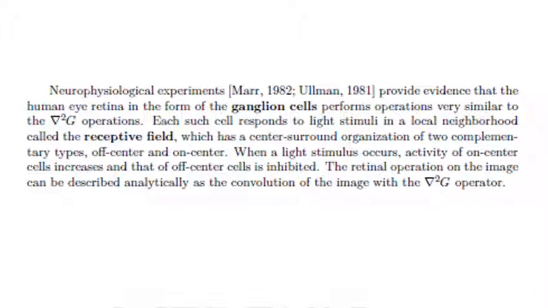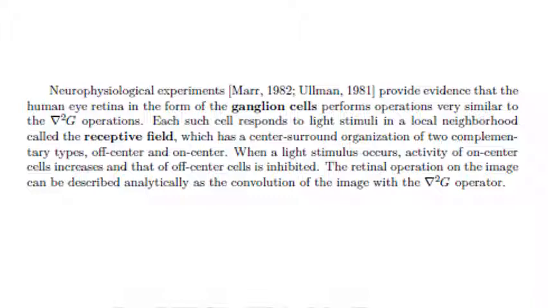Basically we observe something when there is light. When a light stimulus occurs, the activity of on-center cells increases compared to that of off-center cells. The retinal operation on the image can be described analytically as the convolution of the image with the del square G operation. So our eyes correspond to finding del square G, that is finding G and then convolving with the image f of x comma y.